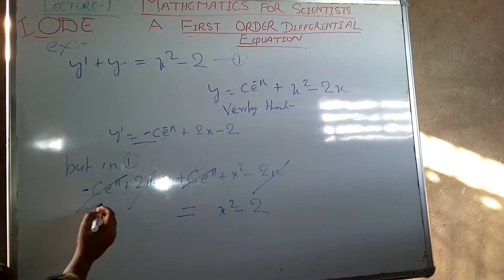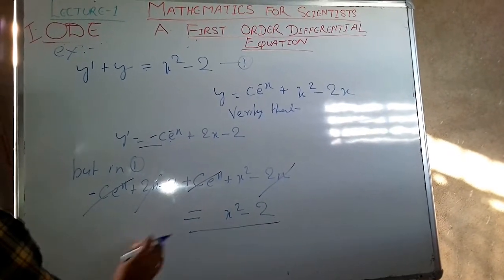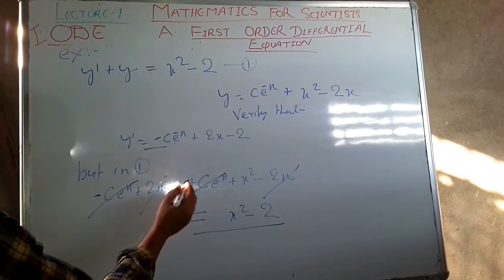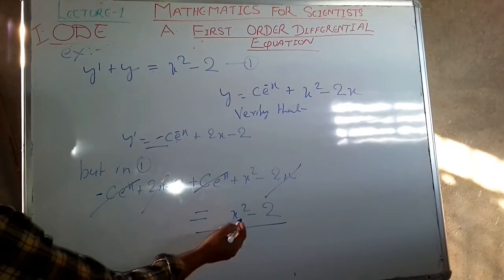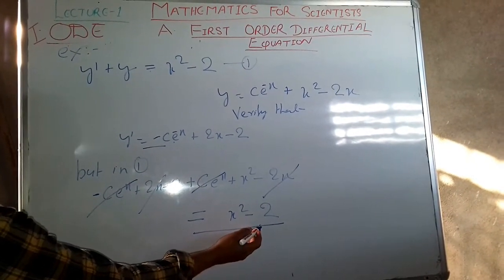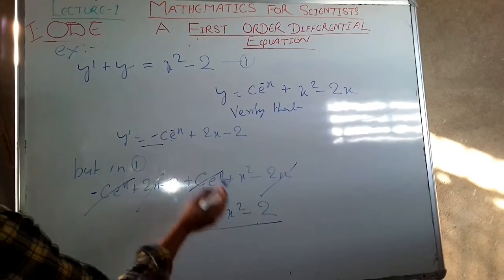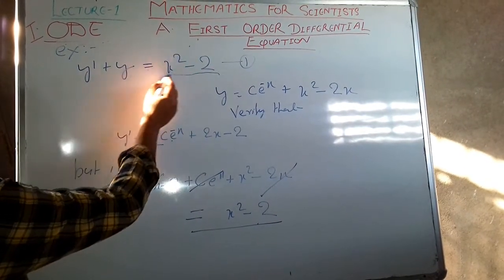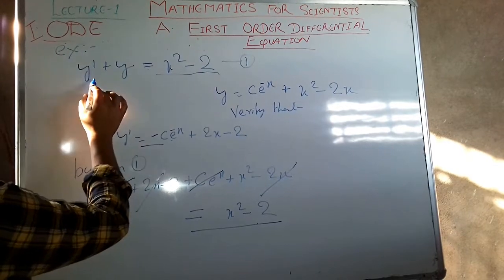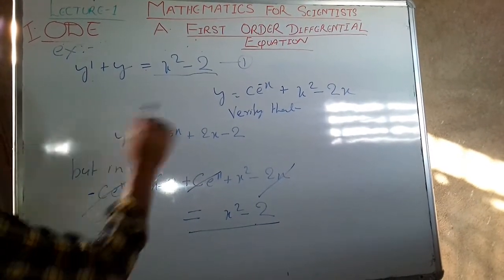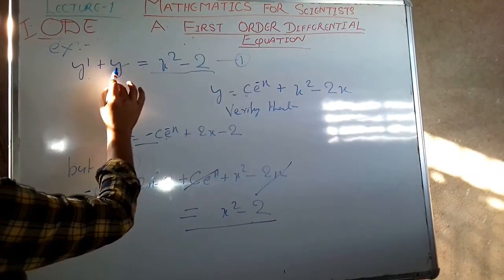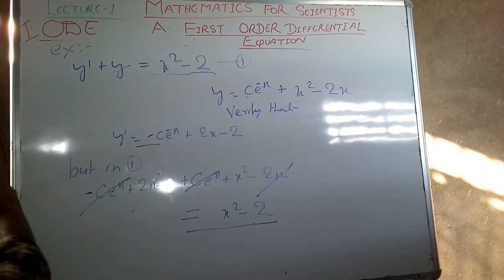So finally we will get x square minus 2 after cancelling out the opposite terms. So x square minus 2 will be the outcome, and that matches the right side of the differential equation. It means this is the solution for this differential equation.